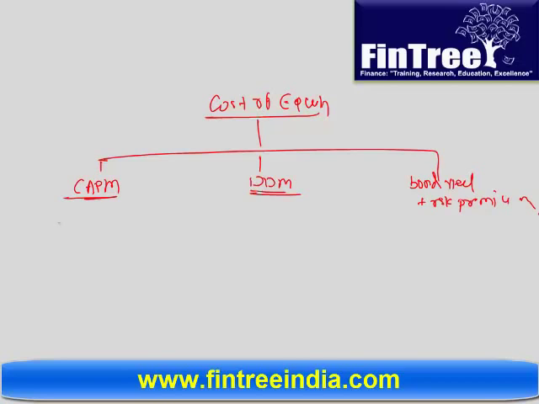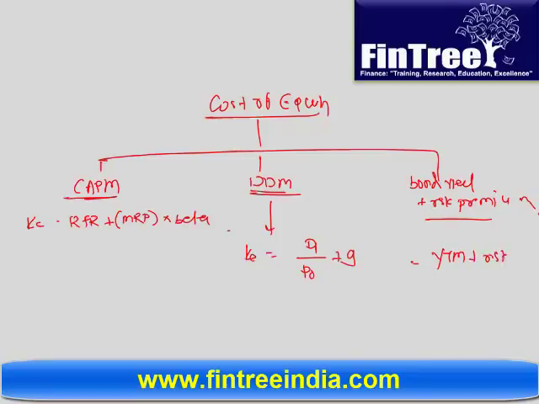The formula for CAPM is cost of equity is equal to RFR plus MRP into beta. The next one is dividend discount model, which says cost of equity is equal to D1 by P0 plus G, and bond yield plus risk premium is YTM of the bond plus the risk premium.